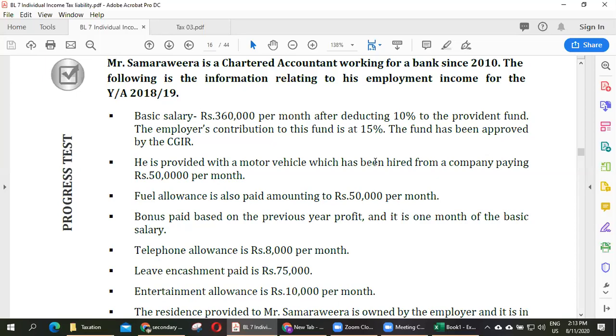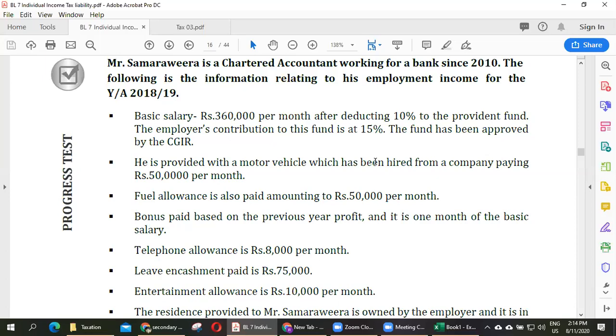He is provided with a motor vehicle which has been hired from a company, paying 50,000 rupees per month. And a fuel allowance is also paid, amounting to rupees 50,000 per month. Bonus paid on the year's profit is 1 month of the basic salary.